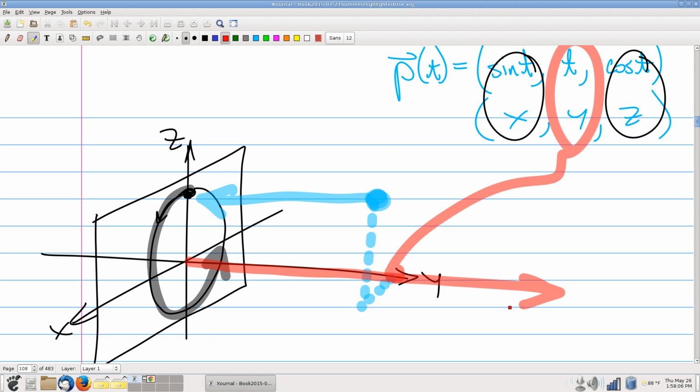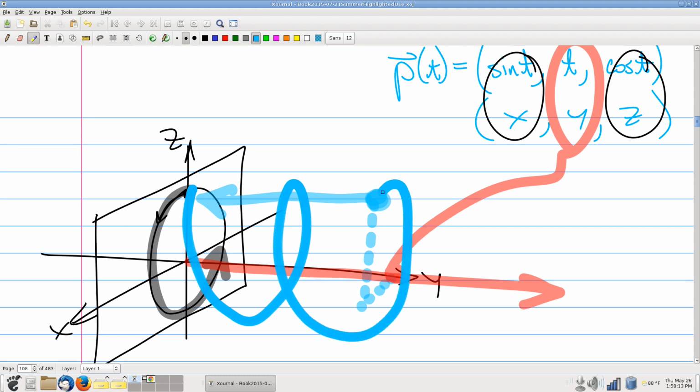And if you kind of put it all together, that gives you that spiral. Does that make sense to everybody?